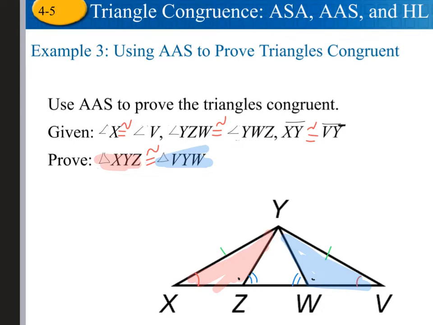Well, what we do know is both of those angles are supplementary to congruent angles. This little blue angle that I have marked is supplementary to this angle, and the same thing is true here. And we know that if two angles are supplementary to congruent angles, then they are congruent to each other.